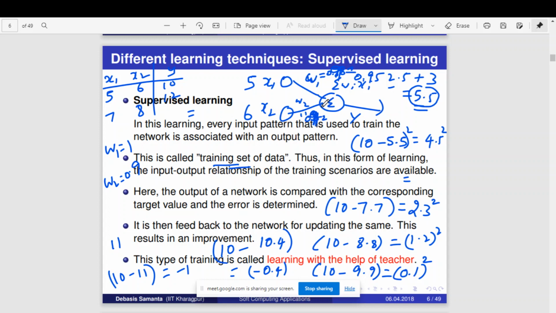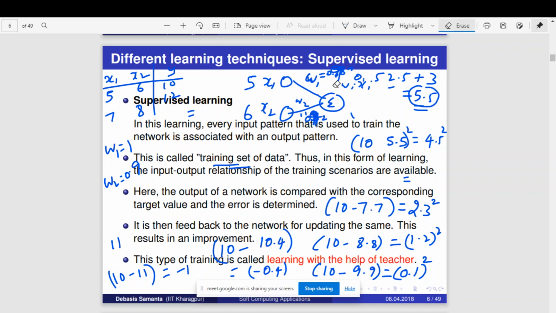So now what will be that? 0.95 into 5 plus 0.9 into 6 is 10.15. Okay, so like that the function works, right? Finally it will converge. In convergence, generally we won't get zero error, we get 0.1 or 0.01. At that point we will stop.